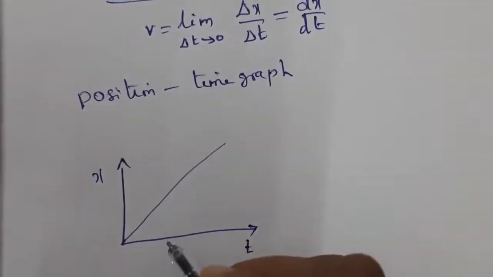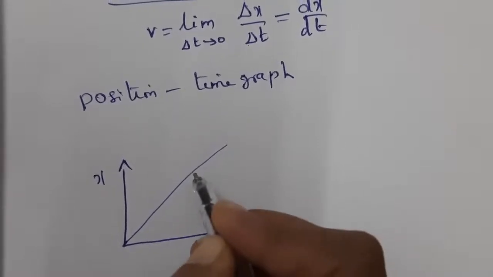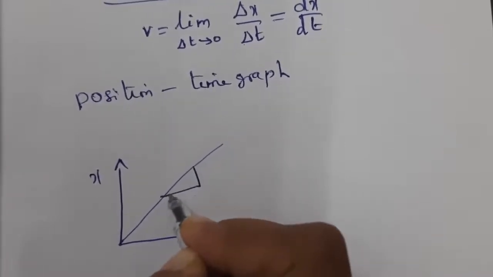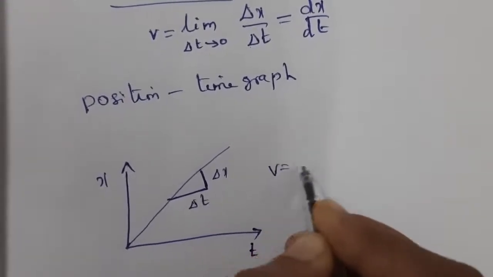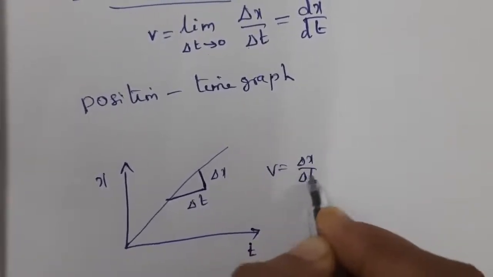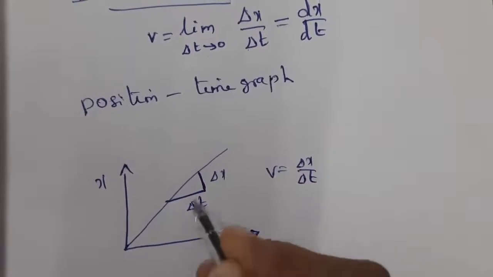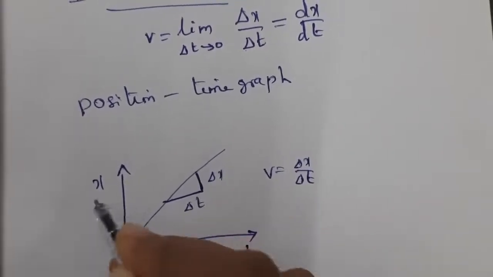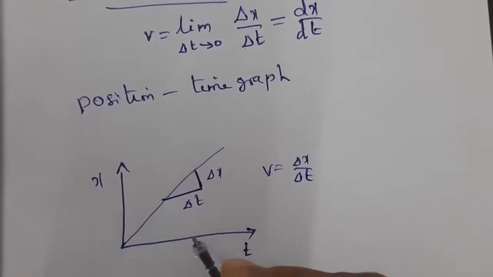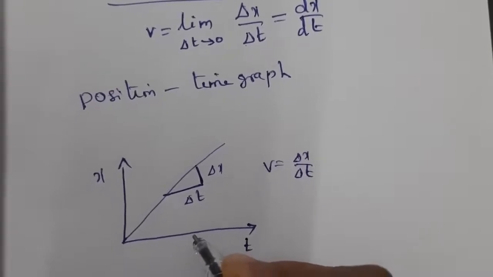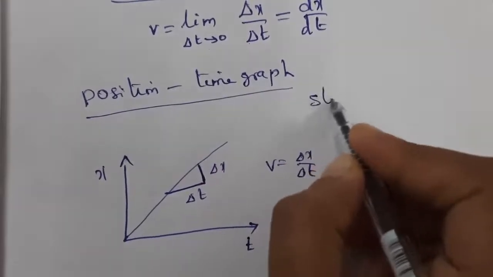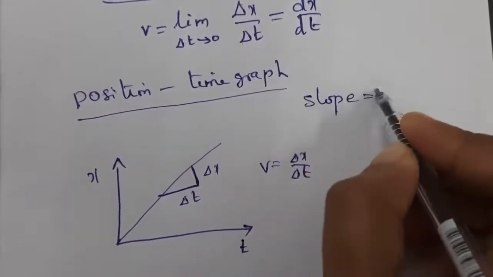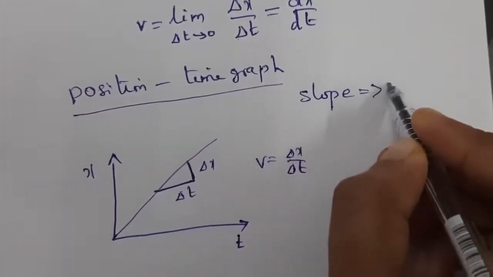Here, how can we obtain the velocity? When we are taking the slope, it represents delta x by delta t. That is known as velocity, isn't it? So graphically, the slope of the position time graph will give the velocity of the particle. From the position time graph, when we are taking the slope, that slope gives the velocity.